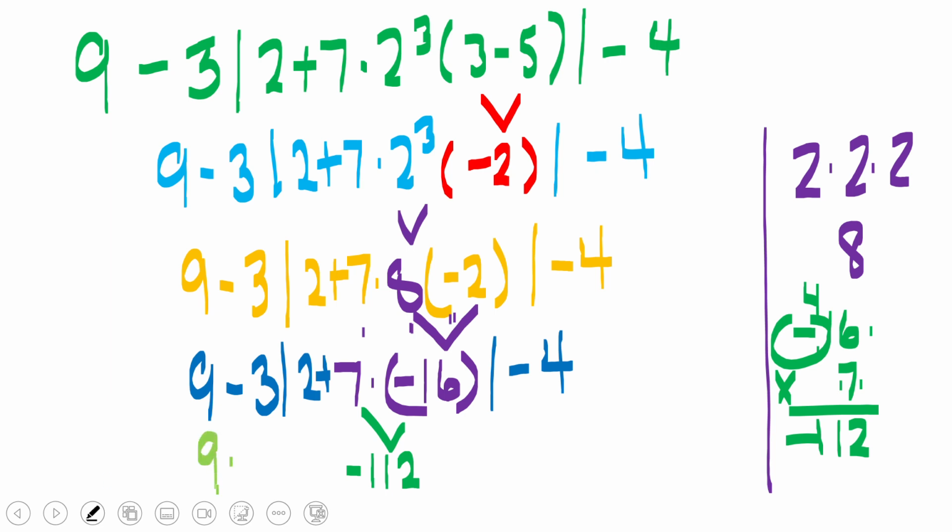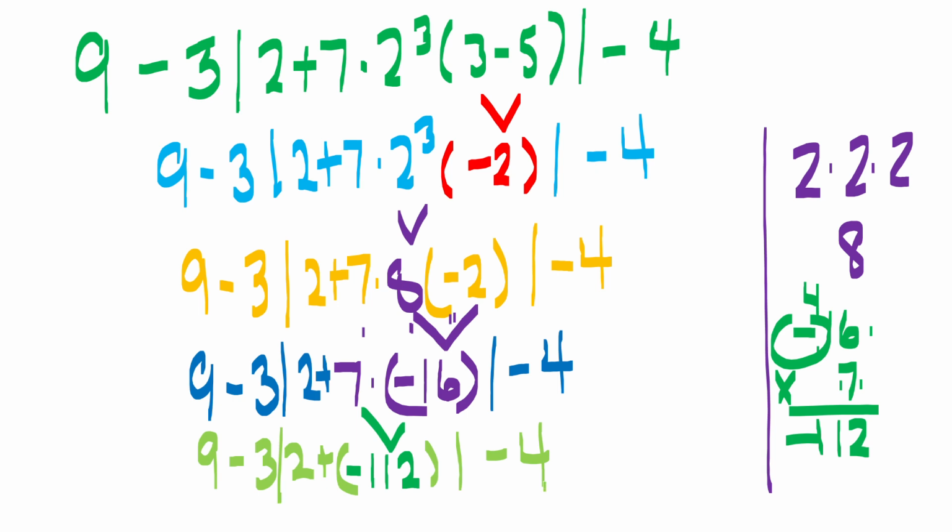Okay, so now we're going to rewrite everything we have not worked. Alright, we're still working inside absolute value. 2 plus negative 112. I'm going to rewrite that on the next slide so we can see it.